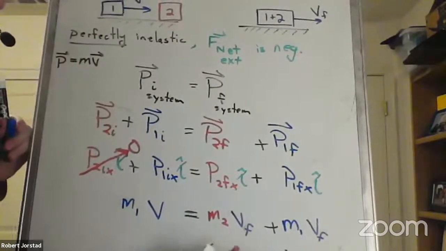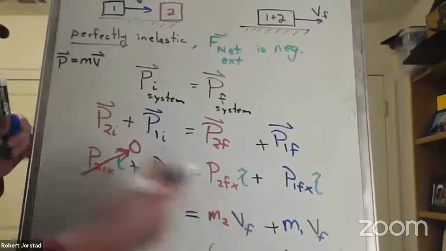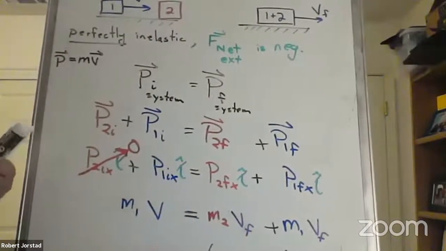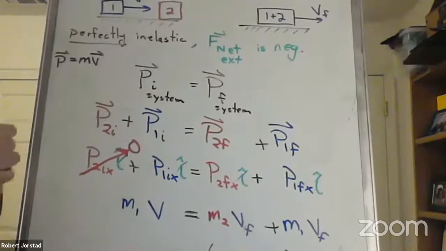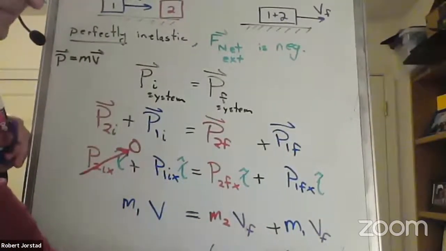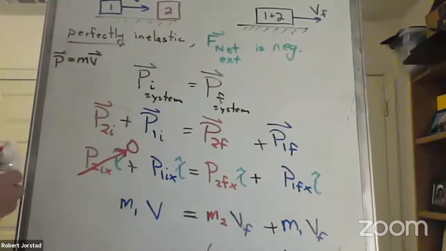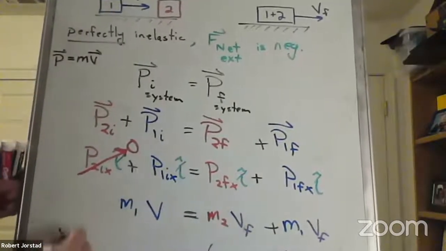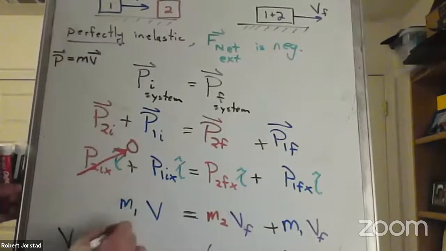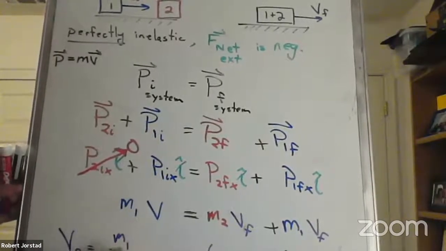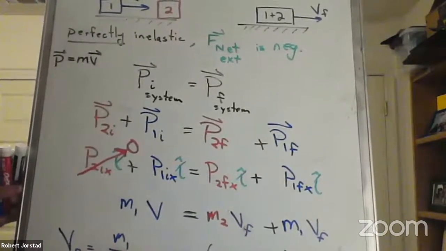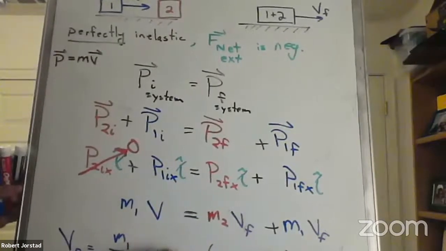I keep mixing up my red and my blues for some reason. This is V final. We can group those, right? And so now when I just solve this thing, I'm just going to get lazy and say V final equals M1 over M1 plus M2 times V.